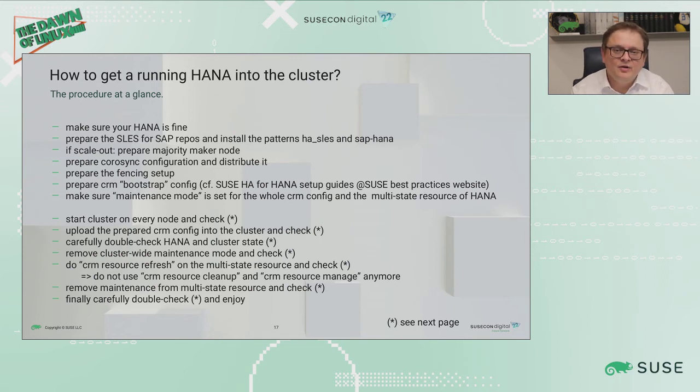If you use SUSE Linux Enterprise for SAP applications, then you will most likely have these repositories already on the systems, and you will simply need to install the patterns.